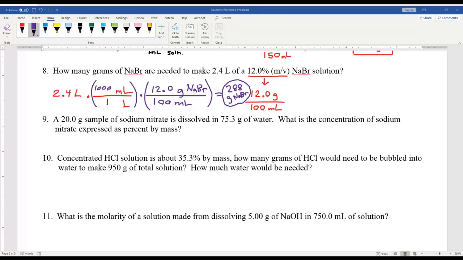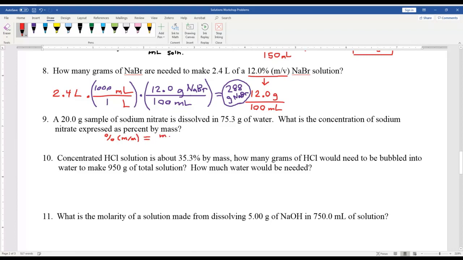A 20-gram sample of sodium nitrate is dissolved in 75.3 grams of water. What is the concentration of sodium nitrate expressed as percent by mass? So first of all, let's look at what the equation is. The equation for percent by mass, or mass percent, is very similar to that of mass volume percent.